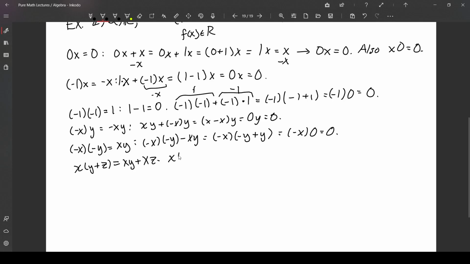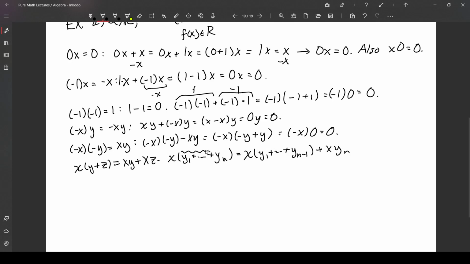Then you can prove by induction that if we keep x fixed, but keep adding elements in here, then this is going to be x times (y1 plus all the way to y sub n minus 1) plus x y sub n, by using the distributive law, where one of our terms is this sum here, and the other one is just y sub n.